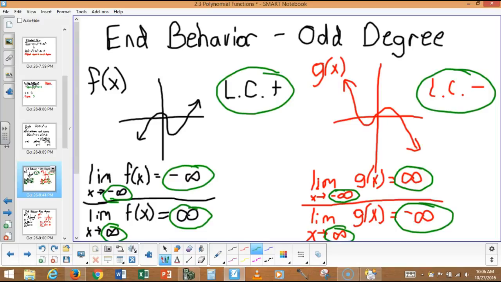So these are going to be the end behavior, what's happening to the graph as it approaches the left, what's happening as we approach the right. This will always be true for polynomials that have an odd degree with these 2 different circumstances. The leading coefficient is positive on the left, the leading coefficient is negative on the right.